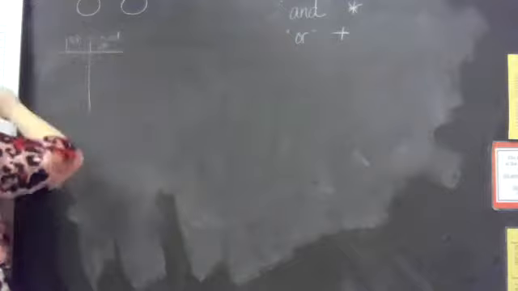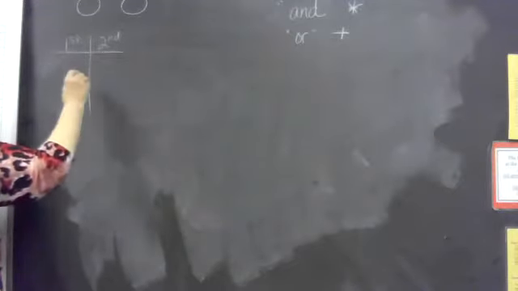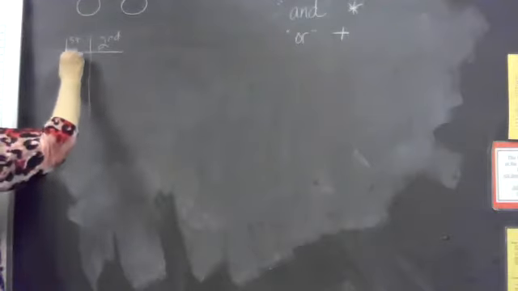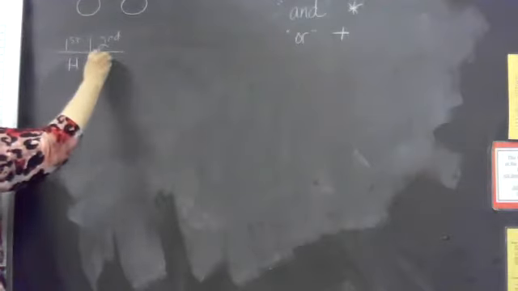So let's find all the things that could happen if we flip these coins. Here's the first coin, and here's the second coin. If we flip them together, what could happen? There could be a heads on the first one and a tail on the second one.